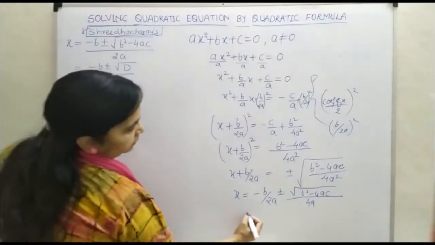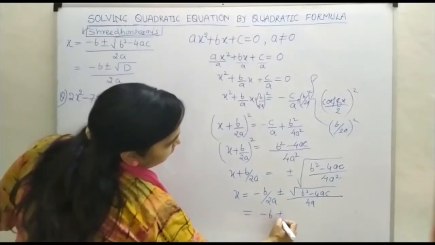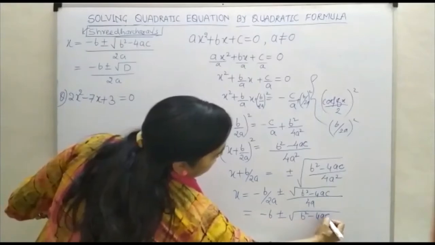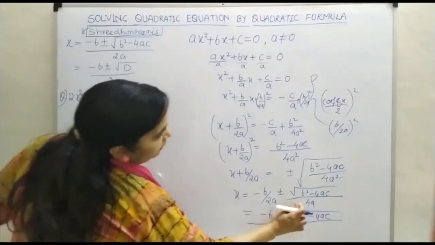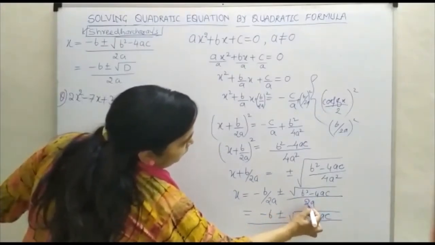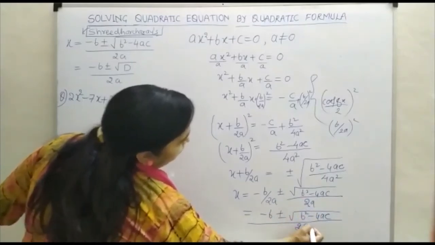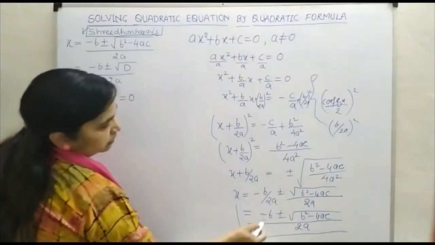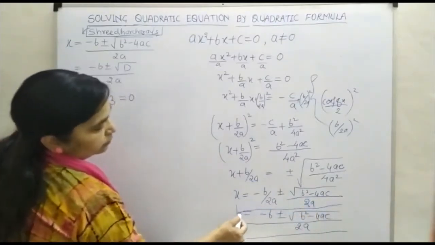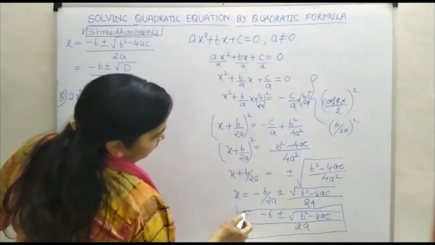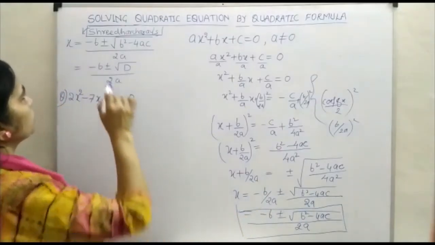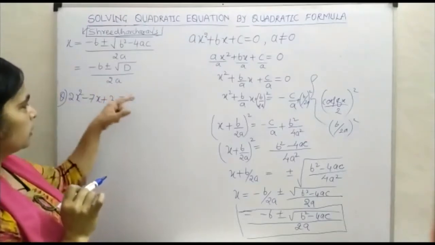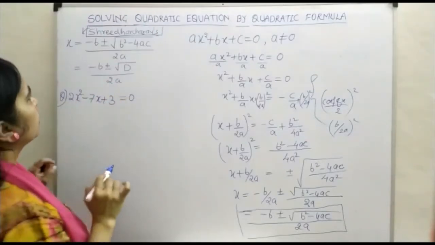Now when you take the LCM, this becomes minus b plus or minus under root b square minus 4ac upon 2a, this is your 2a and this is again 2a. So this is the quadratic formula we derived from the standard quadratic equation, and no doubt this same formula is known as Shreedharcharay's formula.